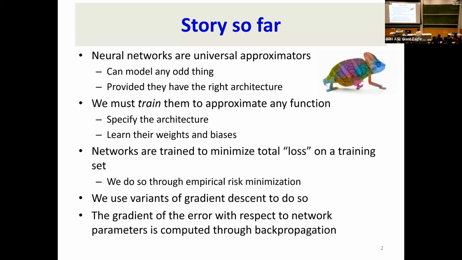And networks are trained to minimize a total loss on a training set, which we do through empirical risk minimization. We use variants of gradient descent for this optimization problem, where the gradient of the error, which we call the loss, with respect to the network parameters was computed using backpropagation.